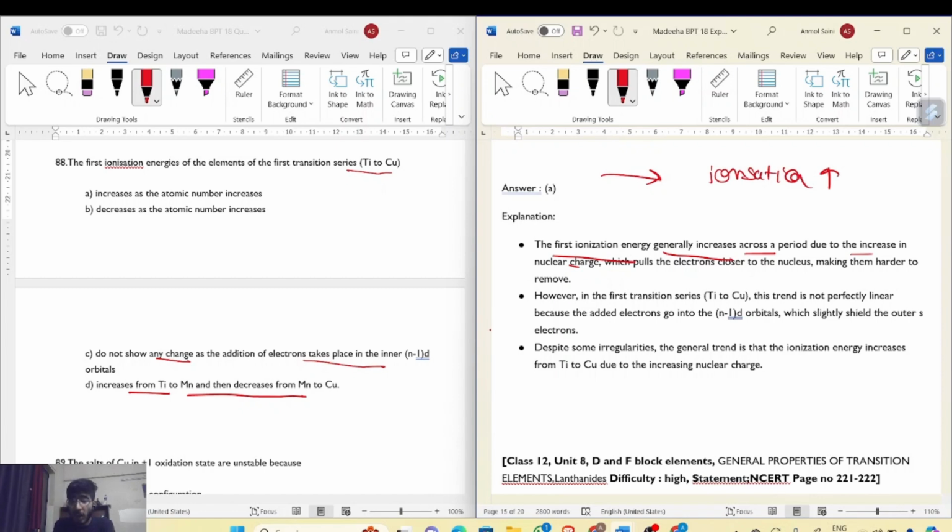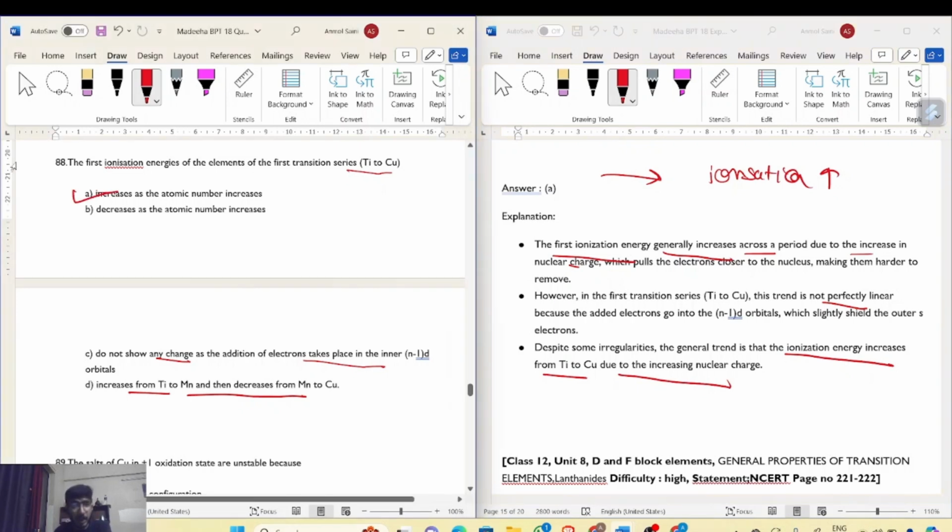However, in the first transition series titanium to copper, this trend is not perfectly linear. But despite some irregularities, the general trend is that ionization energy increases from titanium to copper due to the increase in nuclear charge. So the correct answer is option number A.